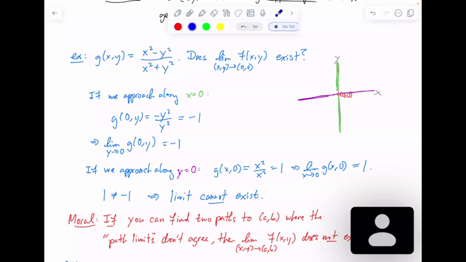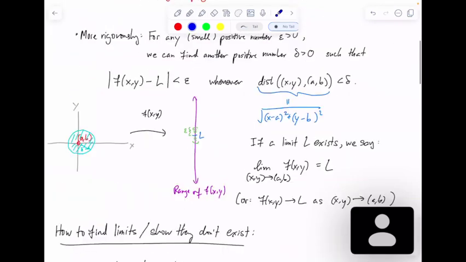So one question you get is, I don't get how it doesn't exist, because we have to input different values. I mean, you have different values when you're inputting, but remember, the definition of a limit tells you that if a limit truly exists, it doesn't matter what direction I approach (a, b) in, right?